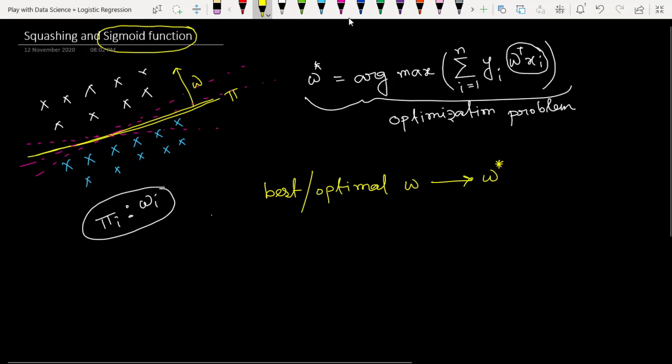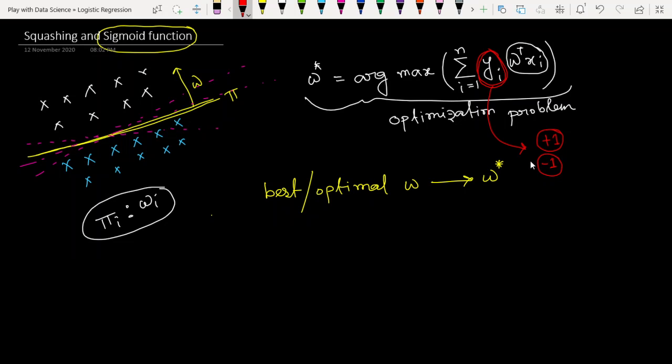yi carries two types of values, +1 and -1. For one class of points yi carries +1 and for the other class yi carries -1. Just bear with me, for now we are only discussing the binary classifier.